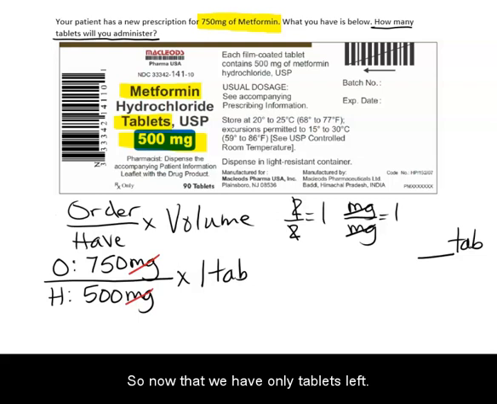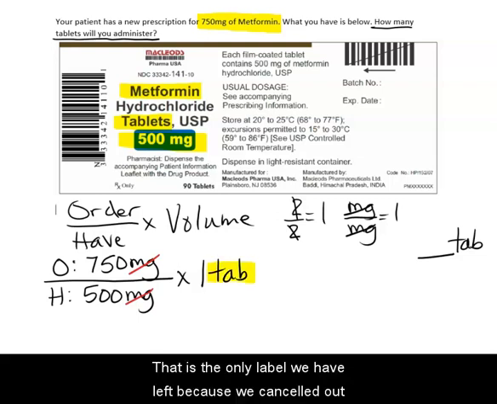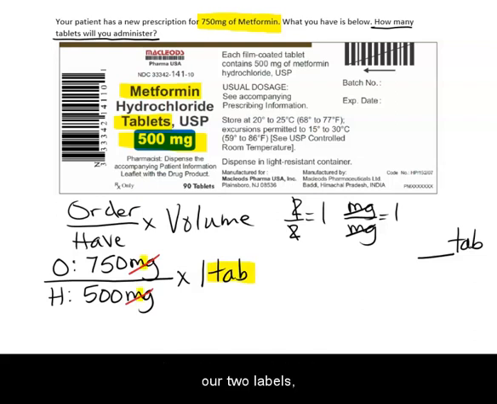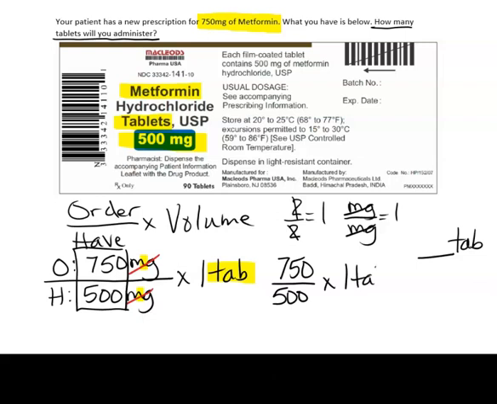So now that we have only tablets left, that is the only label we have left because we canceled out our 2 labels. We can do the math with the numbers that are left. So 750 divided by 500 times 1 tab.